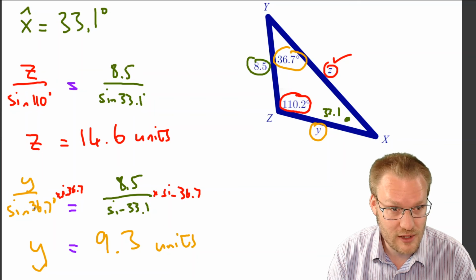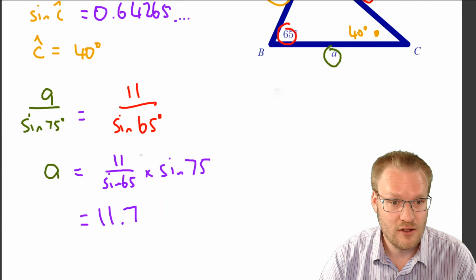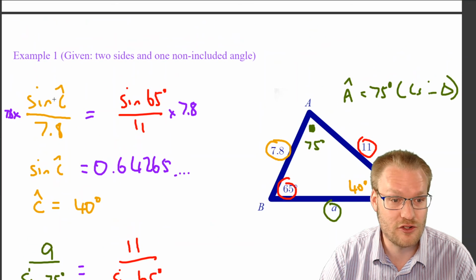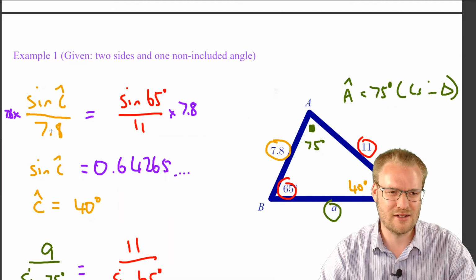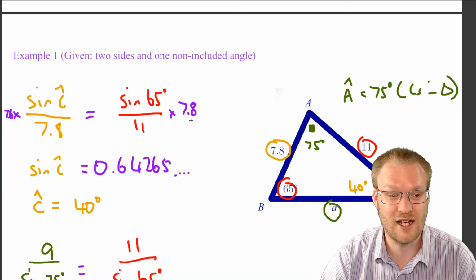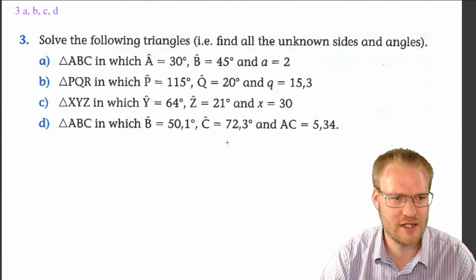Unknown on top, just multiplied by sine 36.7. Unknown on top, just multiplied by sine 75. Unknown on top, just multiplied by 7.8, rather than multiplying and getting into a mess. So if you can, unknown in the numerator makes our lives a whole lot easier. So just future practice here.